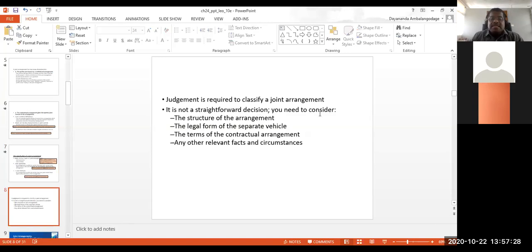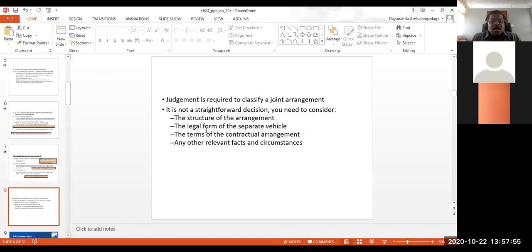You need to consider four matters: the structure of the arrangement, the legal form of the separate vehicle, the terms of the contractual agreement, and any other relevant facts and circumstances.